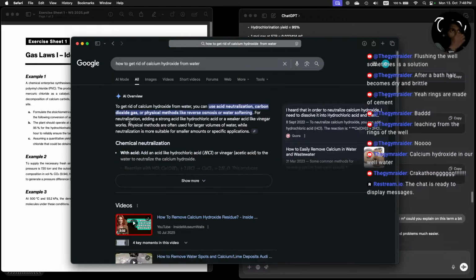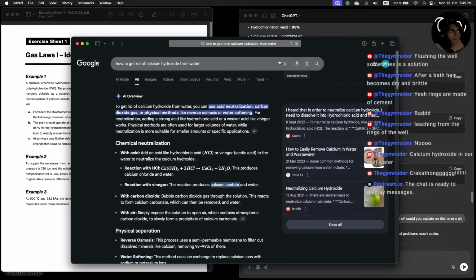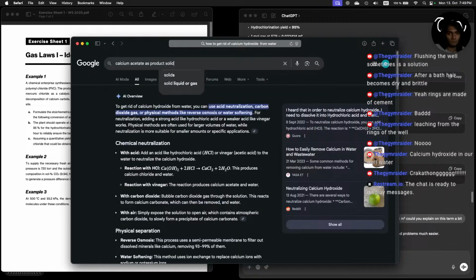Acid neutralization, carbon dioxide gas, or physical methods like reverse osmosis or water softening. With acid. Calcium acetate, I believe that is it. Flushing the well sometimes is a solution.